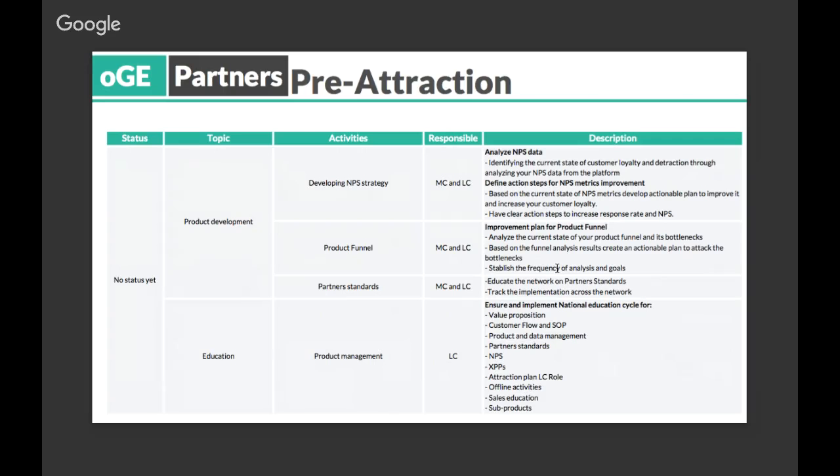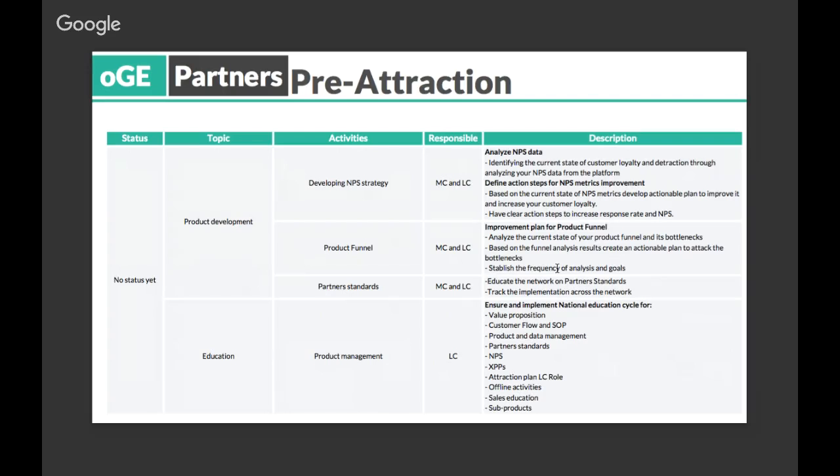The next processes will still happen in pre-attraction. So here, preparation for sales is a quite long process, but we will make it happen together. Don't worry about it. One thing that we will also be working with you on is product development. We will sit down and develop our NPS strategy.